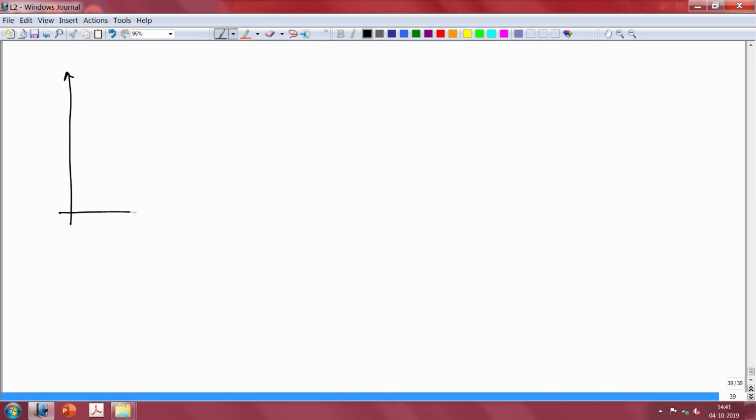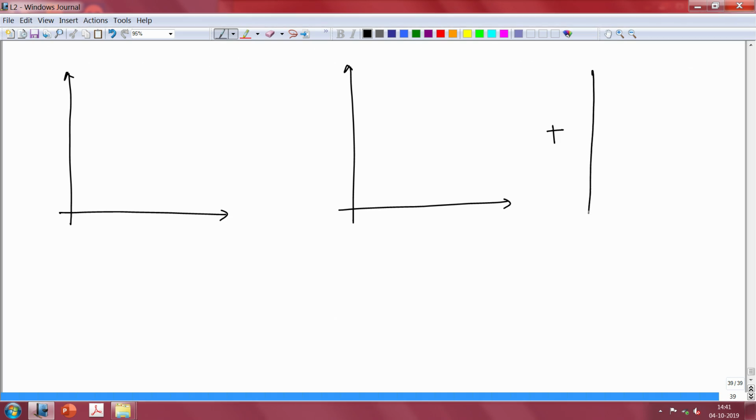I will just again draw 3 graphs. In the first case, you have the input to the signal sigma 1.